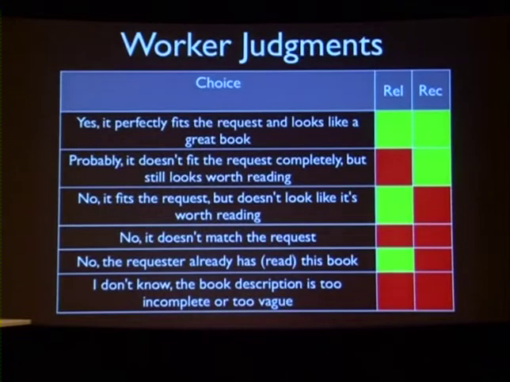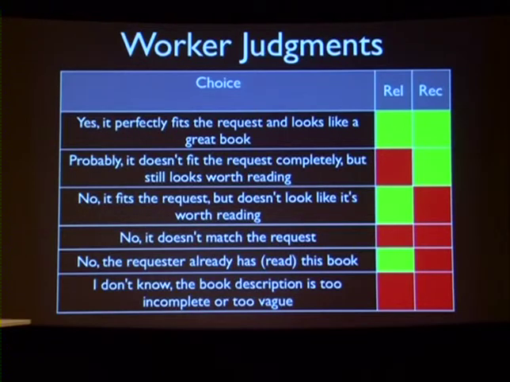Let me just show you the main judgment, because we have a scale that covers both the topical relevance-ish things and the recommended aspects. Two-dimensional judgments, but in one easy pull down. So this is the scale, and it goes from: it perfectly fits the request, it looks like a great book. That's a book that's both on topic and recommendable.